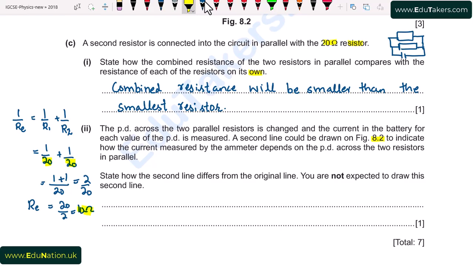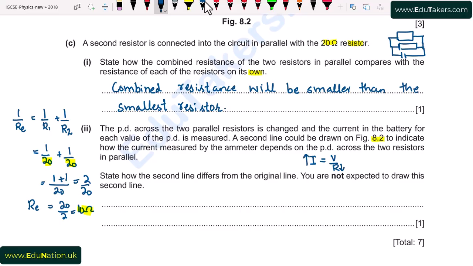So first of all, when both of these resistors are connected in parallel, then their combined resistance will be smaller, which means that according to Ohm's law, when I decrease the resistance, current increases.